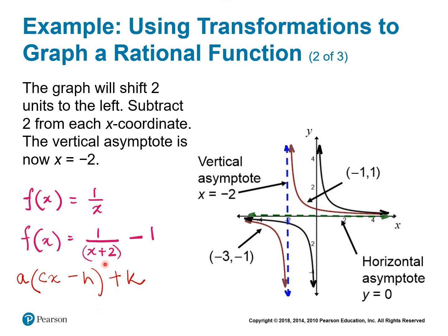So I'm going to write x plus 2 in the x minus h form. So it's going to be 1 divided by x minus h. There's a minus in the form, so you have to make that minus visible to put it in the form.